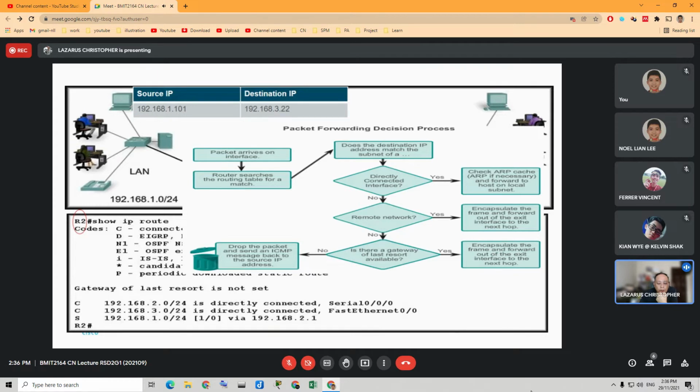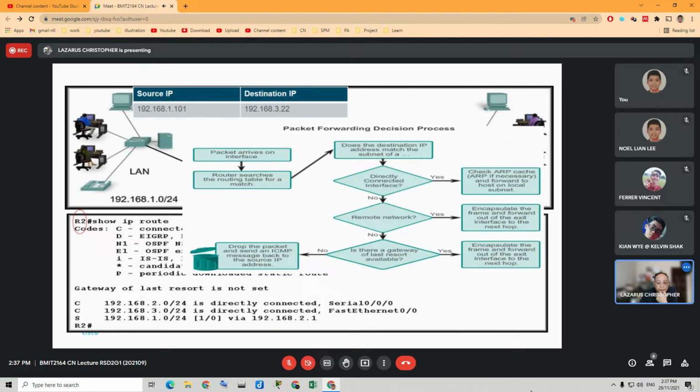This is a continuation with R2. Just now we considered the forwarding decision for R1. Now we proceed because the packet has been forwarded to R2. So R2 also has to make a forwarding decision.